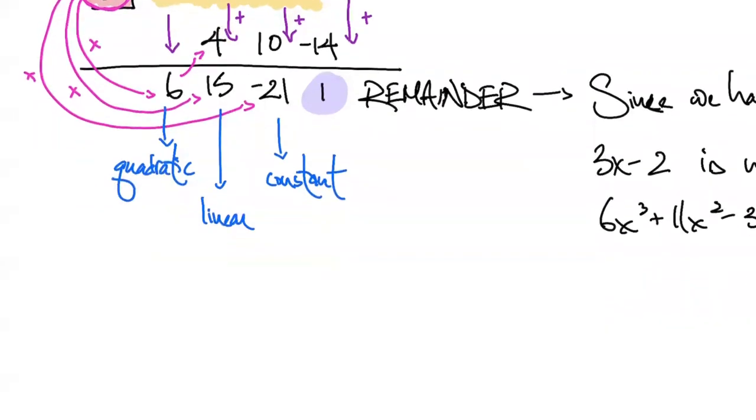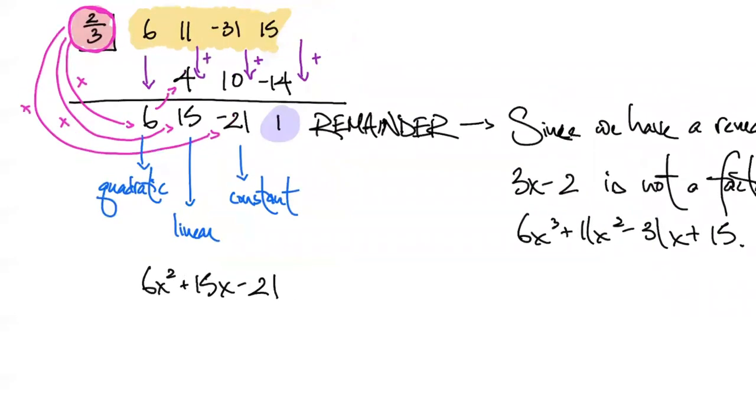But what that means is that 6, 15, and -21 really stand for 6x squared plus 15x minus 21, right? This is why it's called synthetic division, because we sort of hide the numbers or the variables from ourselves. We focus on the numbers and then we put the variables back in, okay?